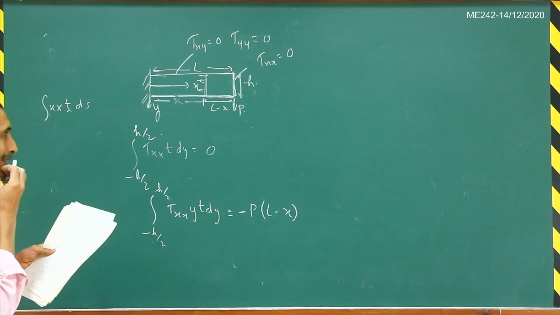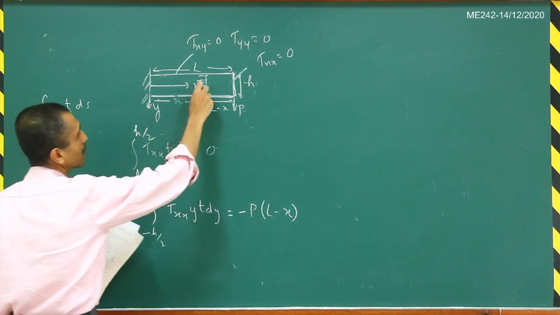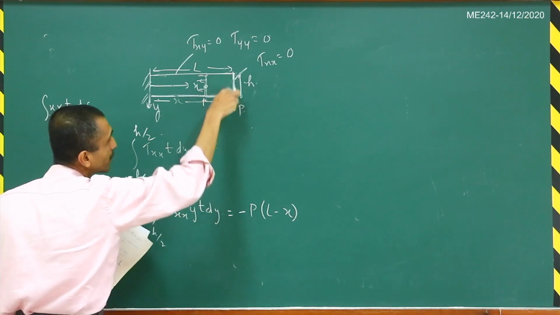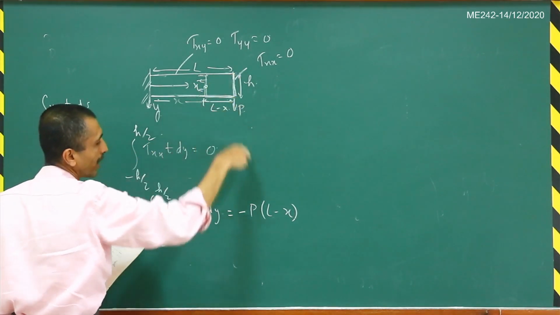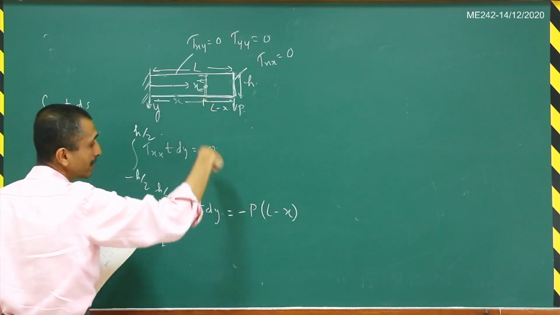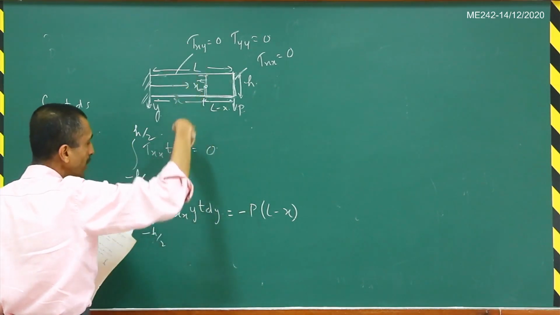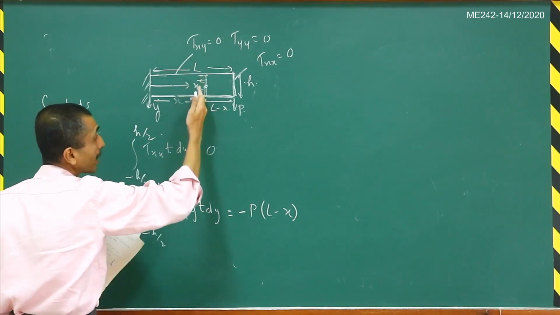If I take a point here, the moment due to the load p is p into L minus x, and that is balanced exactly by the moment due to the tau xx acting on this particular section.